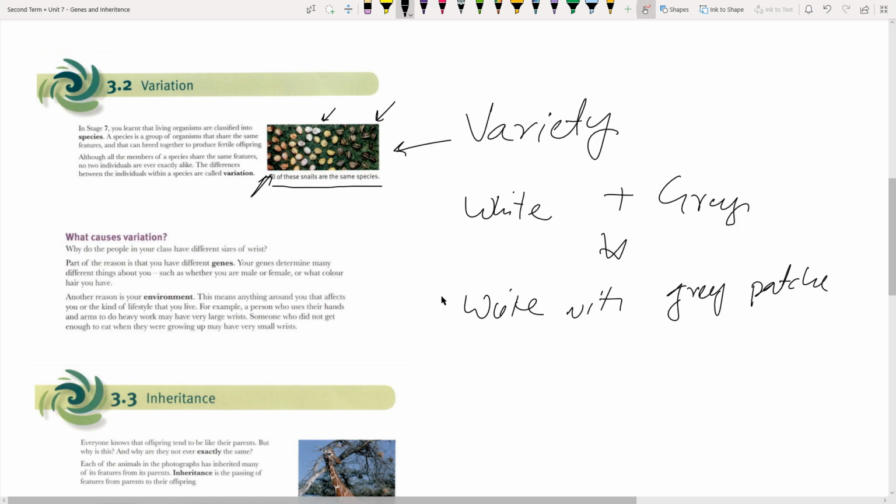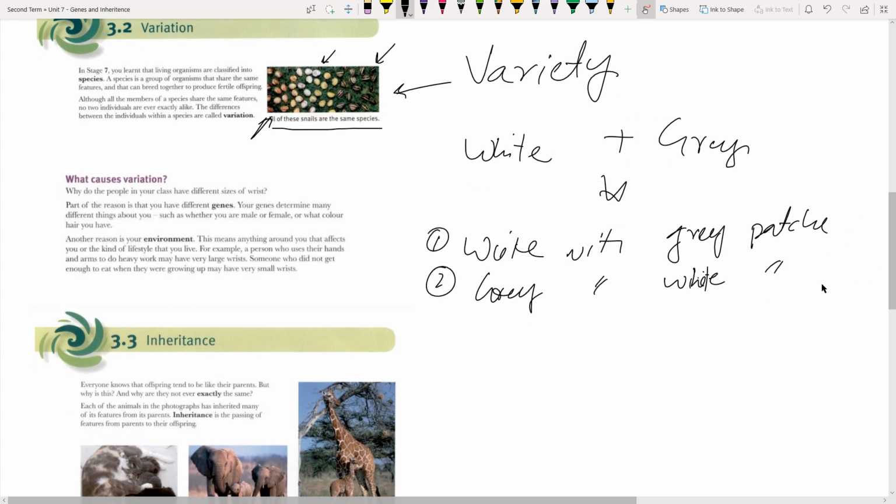That is one possibility. Or number two, it could be a gray cat with white patches, right? That's another possibility. Or we can get a completely white cat with just a few gray lines, or a gray cat with white lines. So there are many possibilities which can form, right?